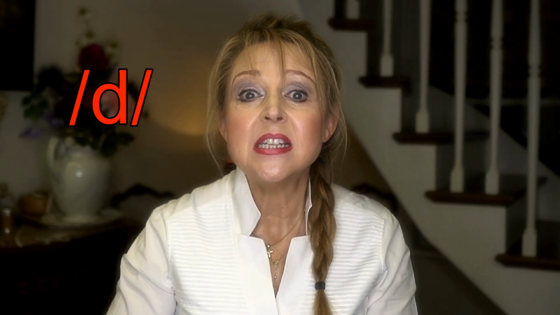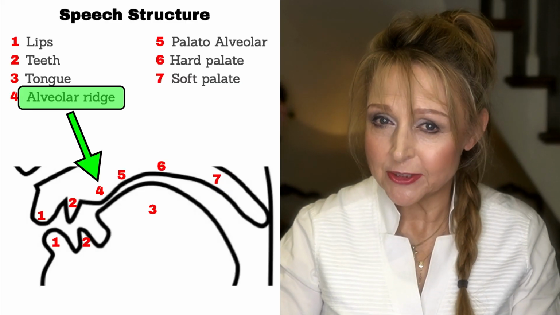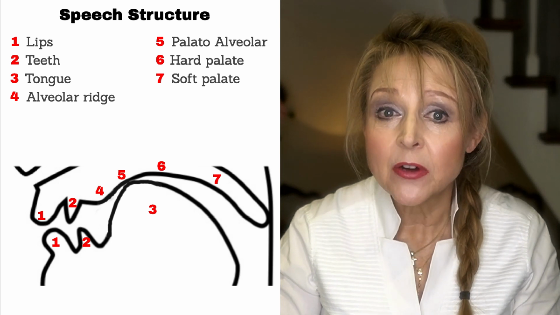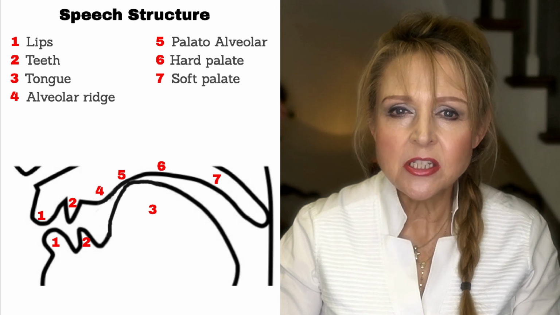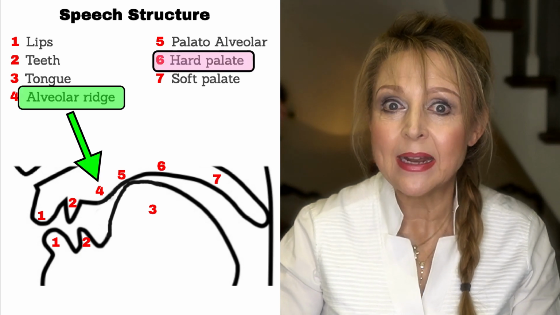So to make this affricate sound, ch, where do you put the tongue? Well, let me show you. First of all, say d. Where's your tongue? It should be on the alveolar ridge. Yes? Well, ch is formed by placing your tongue a little further back. The front of your tongue touches the junction between the alveolar ridge and the hard palate.